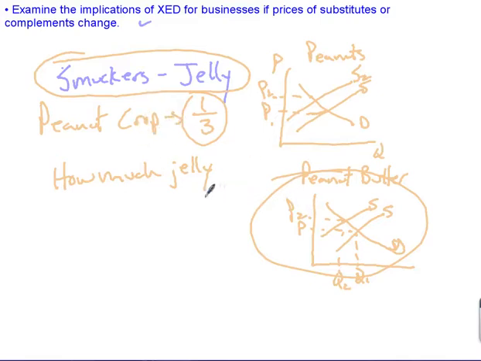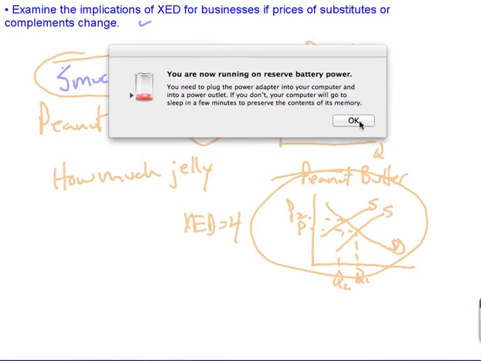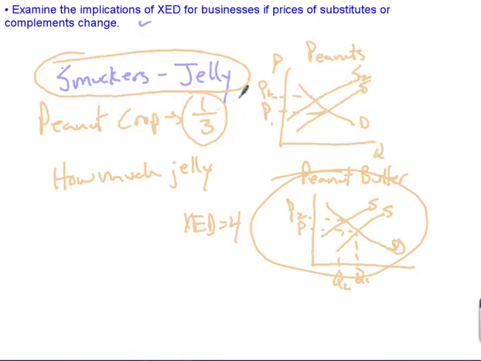All right, because what if there is no relationship? Oddly enough, there's no relationship, then this market wouldn't even affect you. But if there was a pretty strong relationship, let's say they had a cross-price elasticity value of 4, that means that if the price changes here, it's going to have a significant impact on the quantity demanded of jelly.